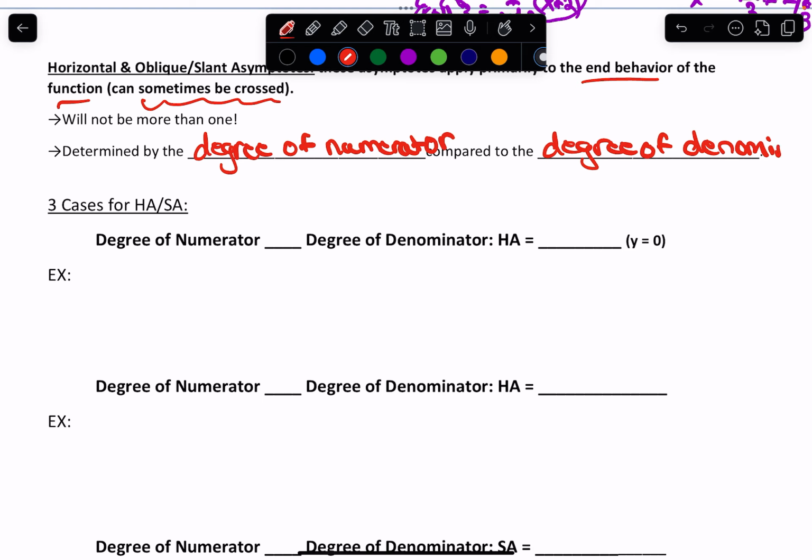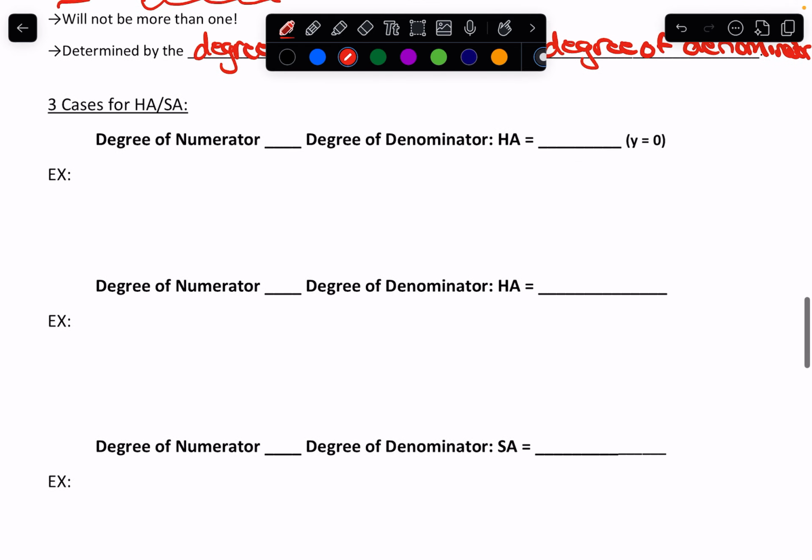Remember, degree is the largest exponent, so that's what we're looking at. There are 3 cases for the horizontal or slant asymptotes. If the degree of the numerator is less than the degree of the denominator, then our horizontal asymptote is the x-axis. So y equals 0.